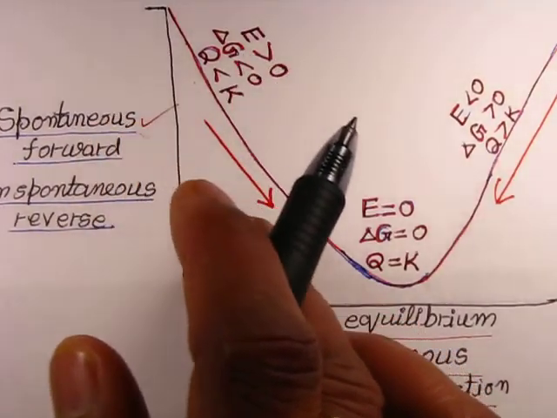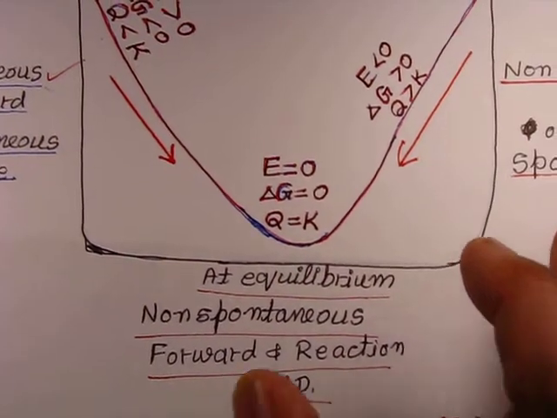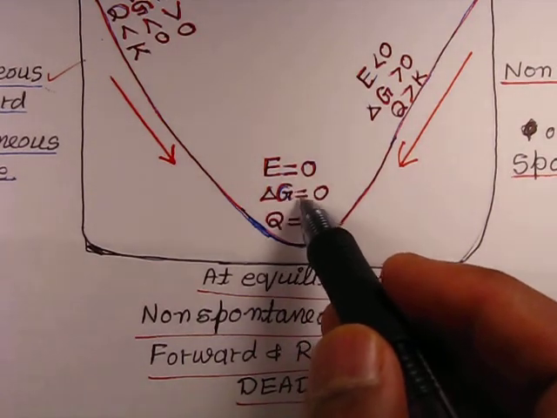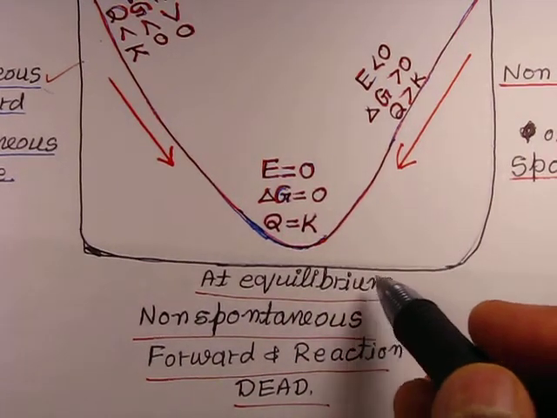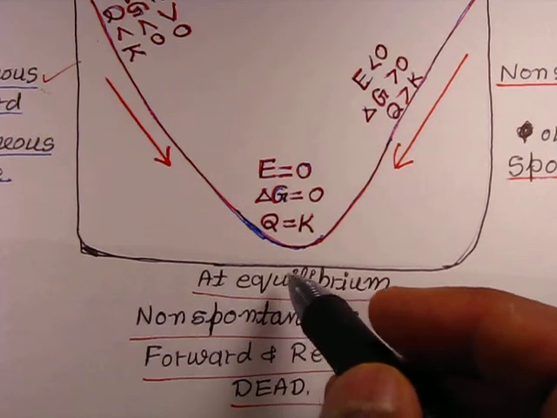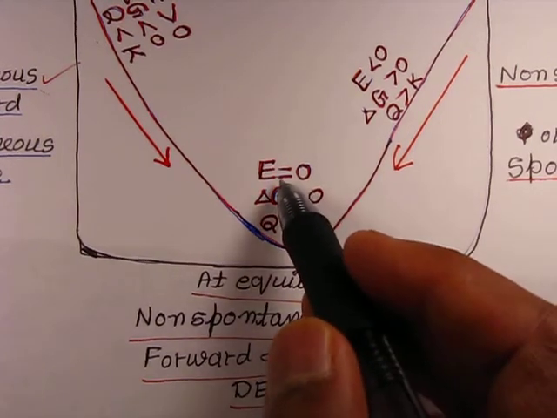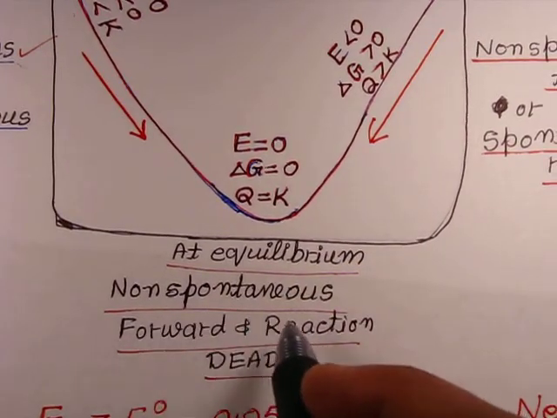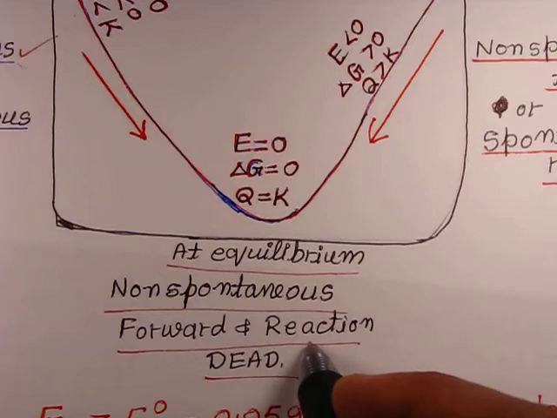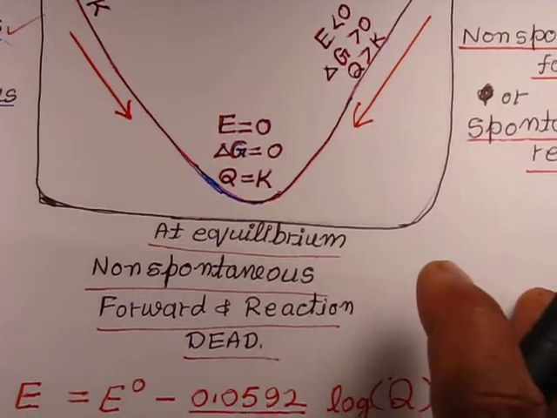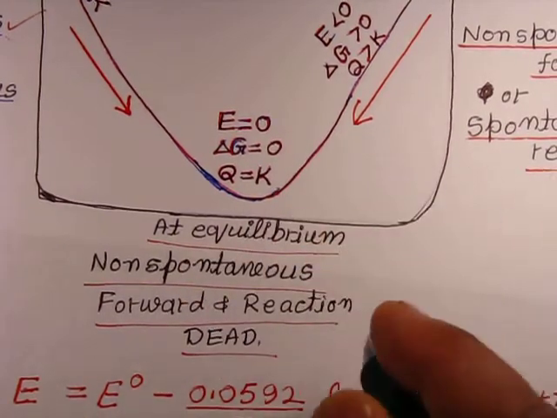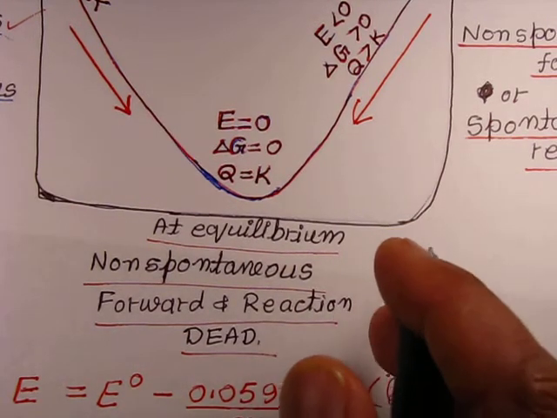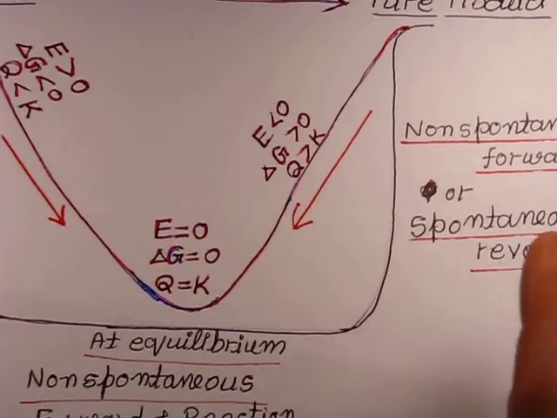As we reach the equilibrium state, Q becomes K and delta G becomes 0, as we have seen in thermodynamics. At equilibrium, the cell potential will also be 0. It means the forward and reverse reactions are both in equilibrium, and this condition is called the dead battery.